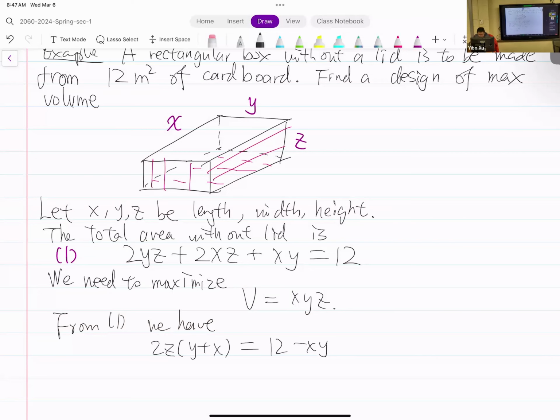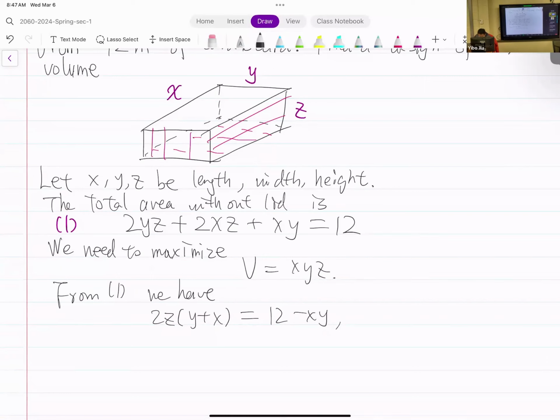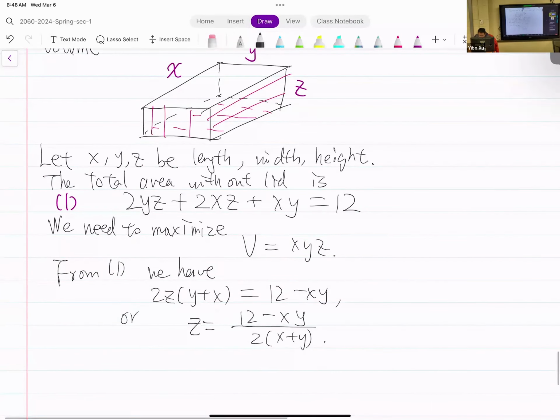Then dividing, z must be the right-hand side over the multiplier of z on the left-hand side. This relationship is equivalent to equation 1. If we have this constraint, that's the same as saying z has to follow this rule of calculation. Then we can substitute z into the volume.